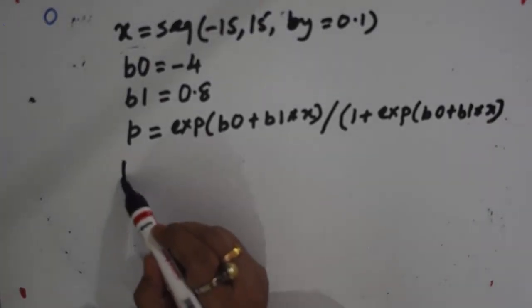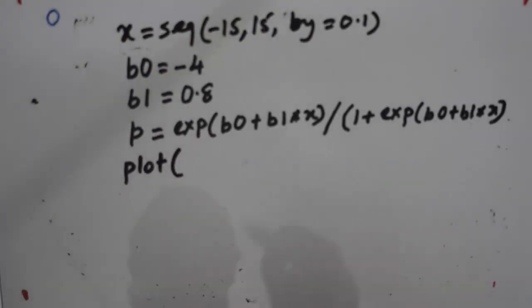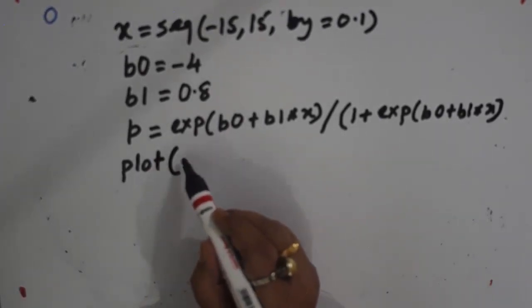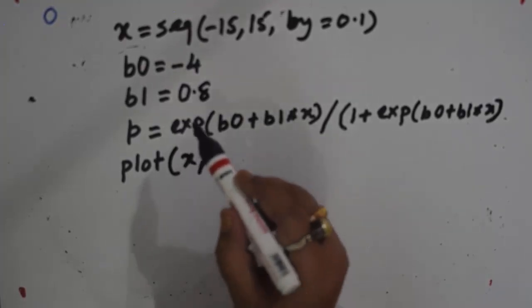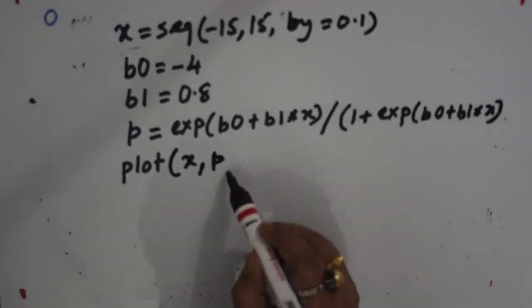Now plot x and p, where x is on the x-axis and p on the y-axis.